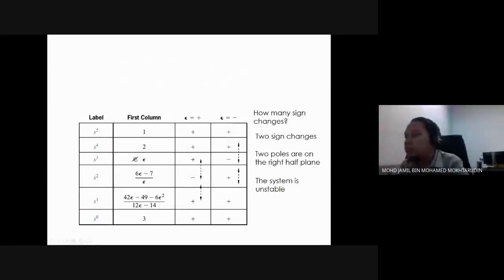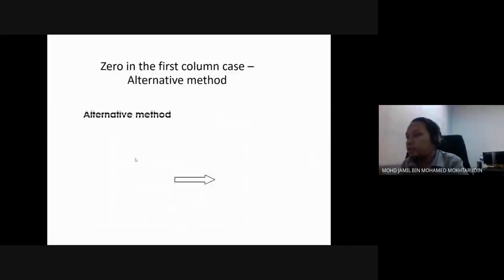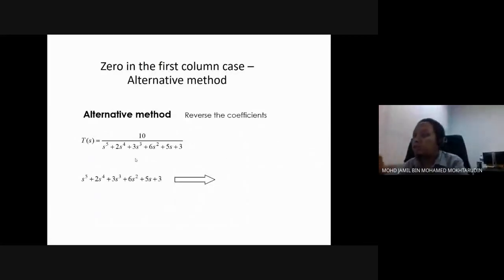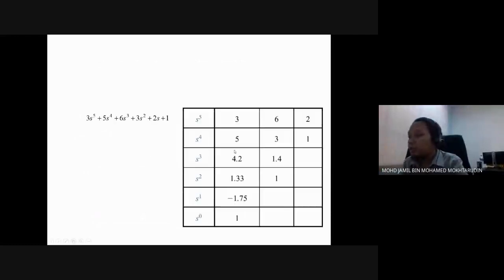After you get 0 here, then you know that there is a 0 in the first column. After that you do the alternative method, meaning that you reverse the coefficients. For the reverse coefficient method, you don't need epsilon anymore.